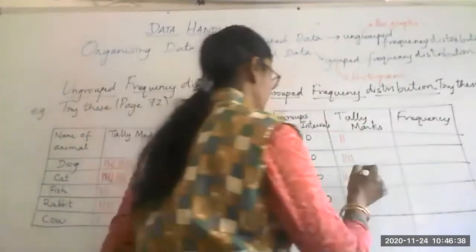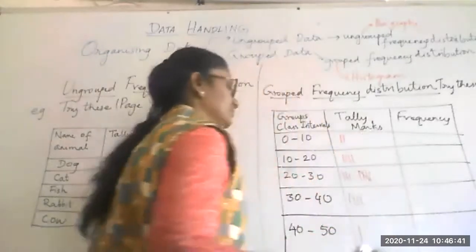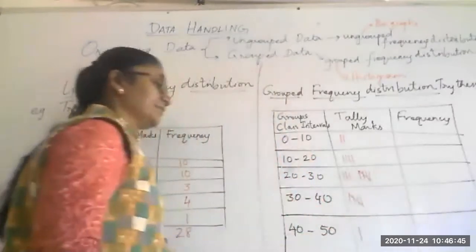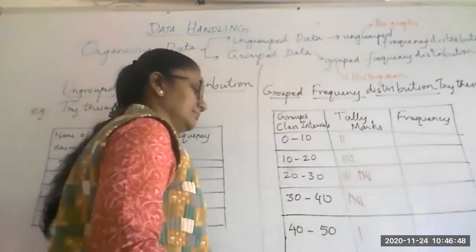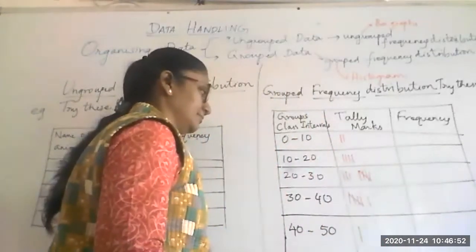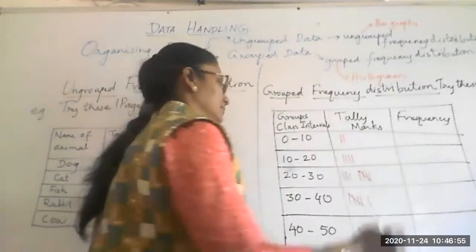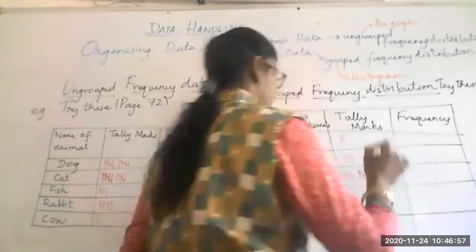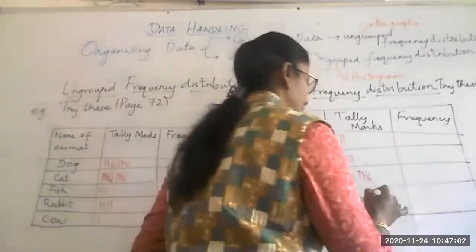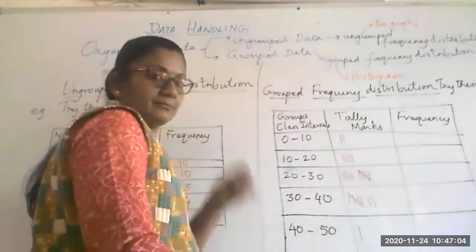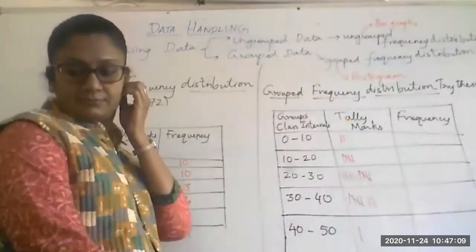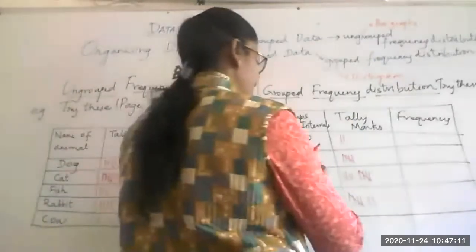Third group. 35. Fourth group. 31. Fourth group. 24. Third group. 36. Fourth group. 18. Second group. 20. Second group. Please be careful, it should be on the upper limit.